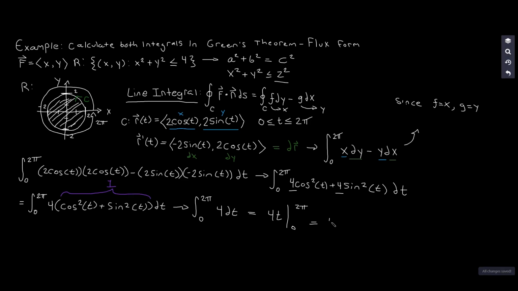Well, we're going to have 4 times 2 pi minus 4 times 0 equals 8 pi. And this is our answer. It's 8 pi worth of flux. And the flux is outward because it's positive.